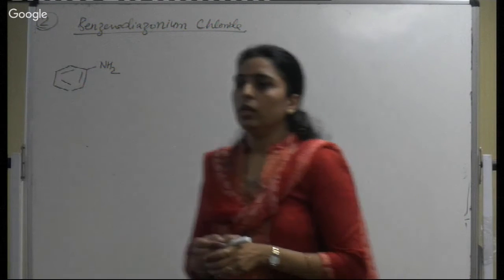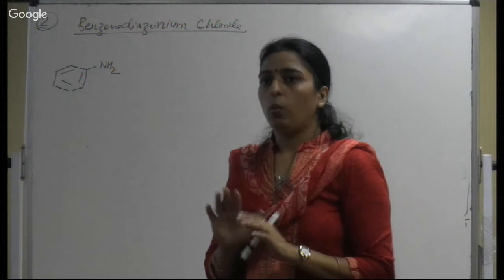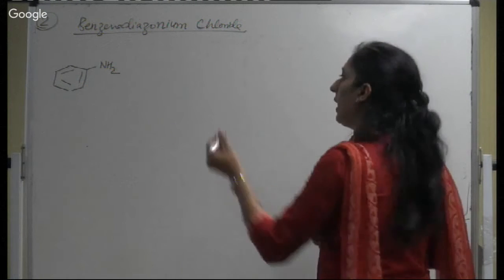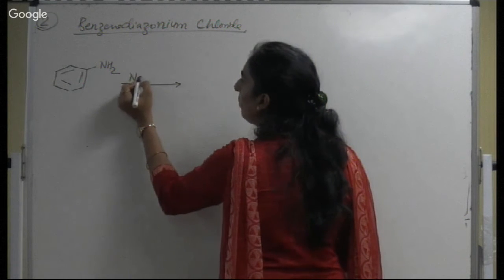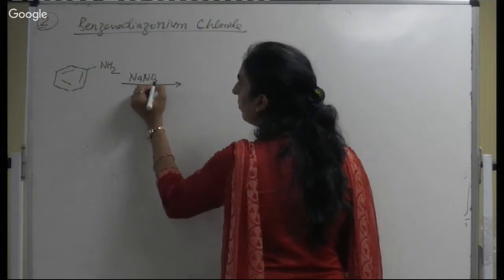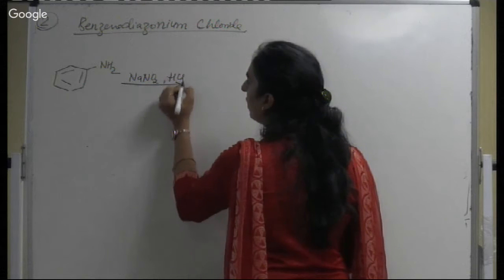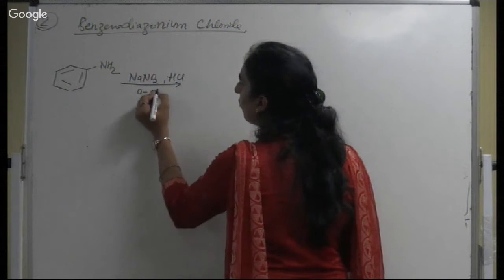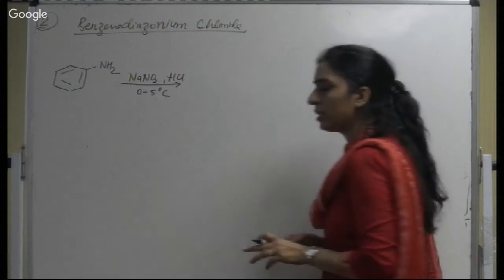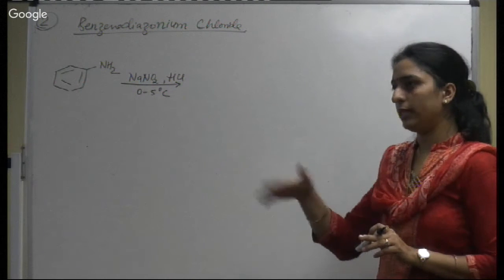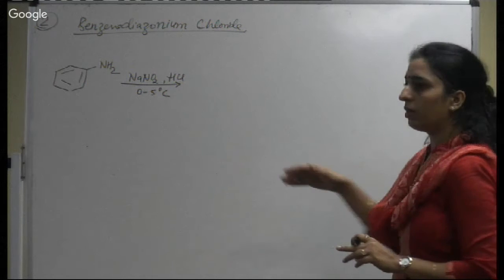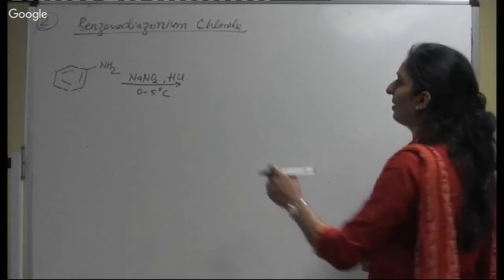See, whenever you treat aniline or any aromatic amine with sodium nitrite and HCl at a temperature of about 0 to 5 degrees Celsius, you will come to know the details when you study nitrogen chemistry. I can tell you, but we won't be able to wind up this chapter otherwise.